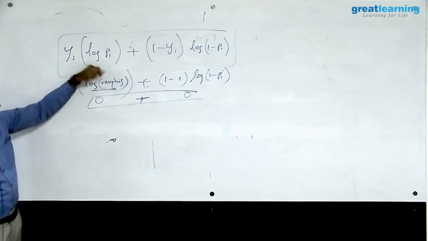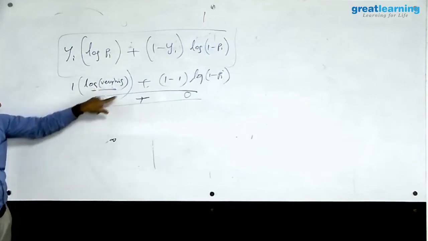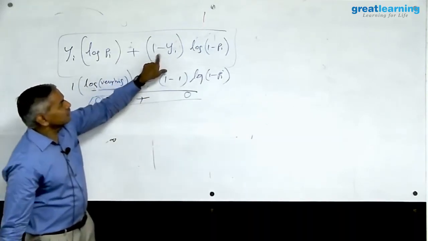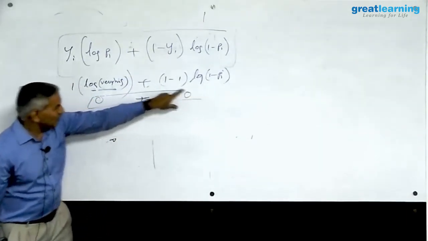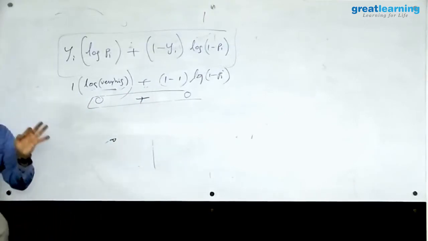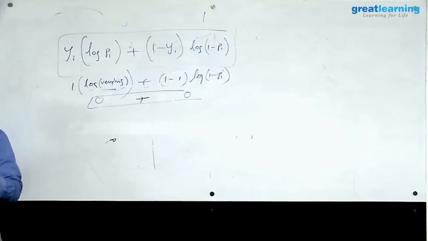Log of a number very close to 1 will be inching towards 0. So this whole expression comes towards 0. Come to this side, 1 minus 1 automatically becomes 0. We don't even need to evaluate this. So overall you have an expression very close to 0. So when you do correct predictions, the contribution to the error function is very close to 0.